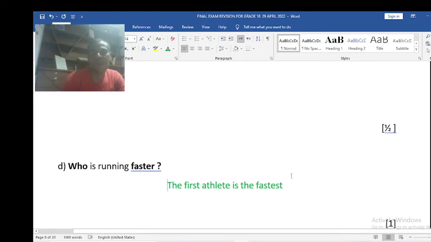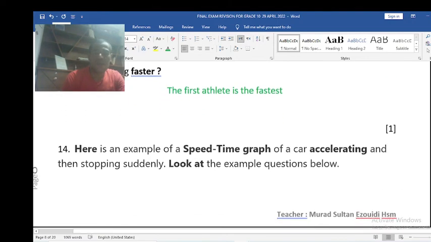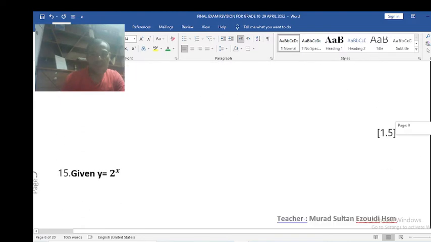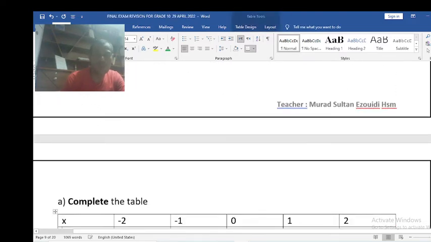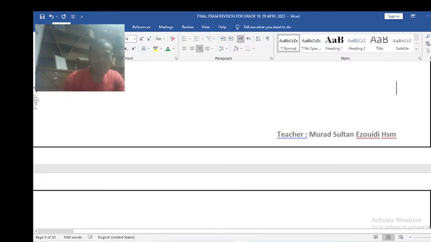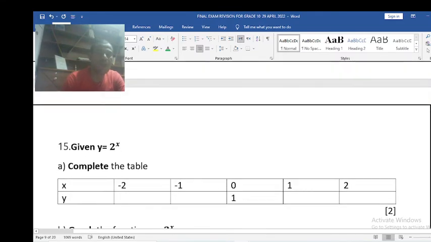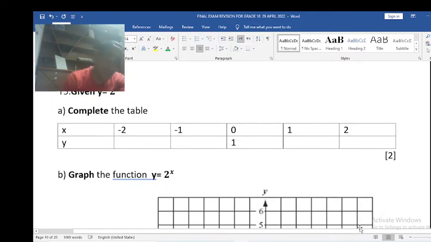Okay. Now the next part. We continue. Given the function y equals 2 to the power x, complete the table.